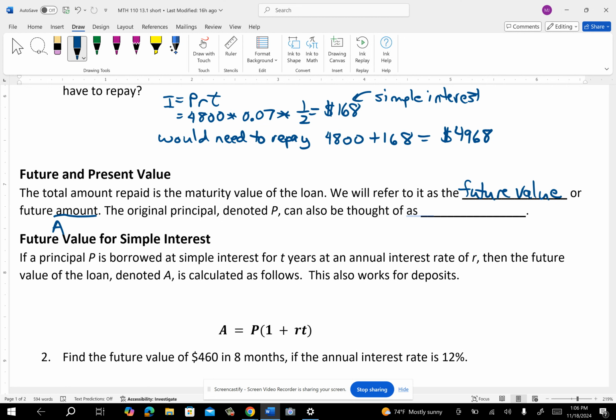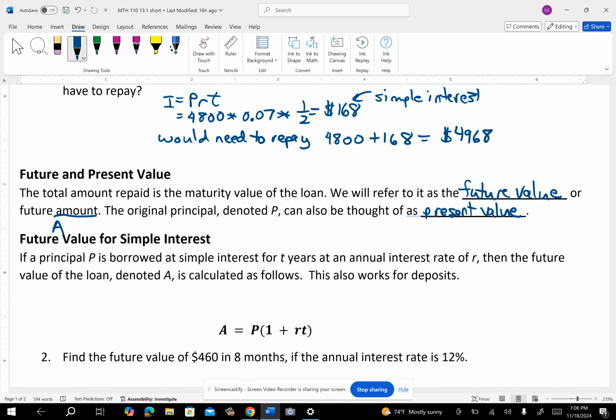That original principal, which is the amount you borrow or the amount that you initially deposit, can be thought of as present value, what you're depositing today or borrowing today. Future value is what you're going to have to pay back in the future, or how much you're going to have in your bank account in the future.